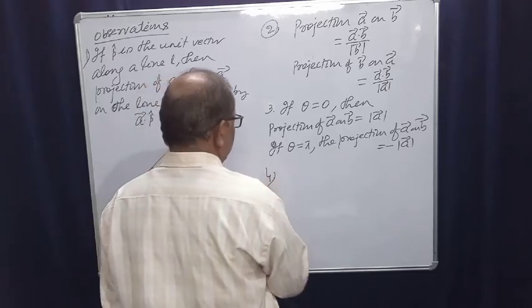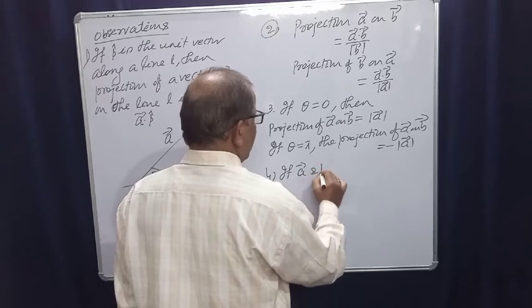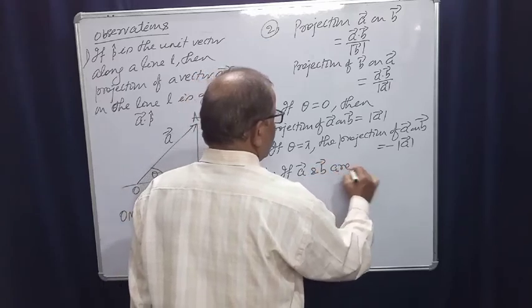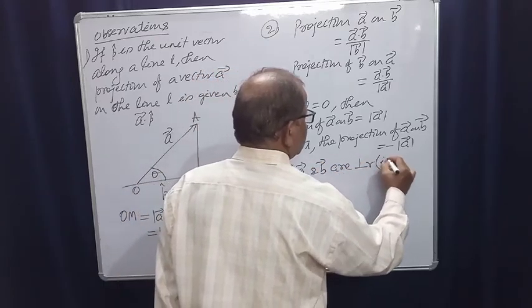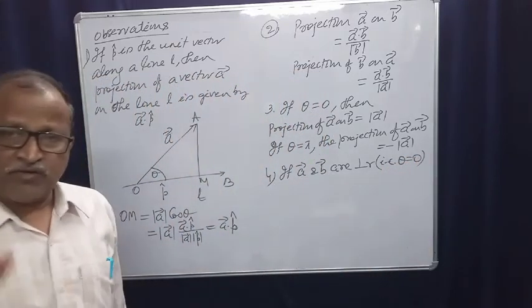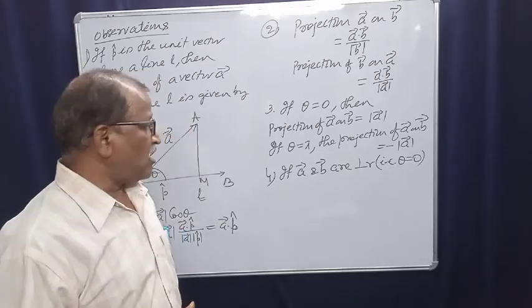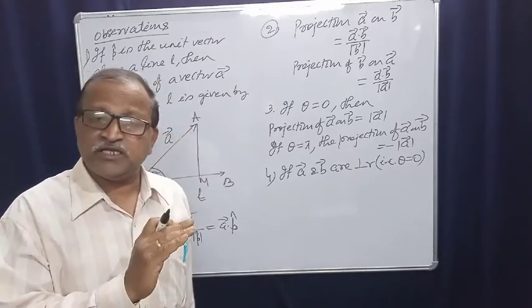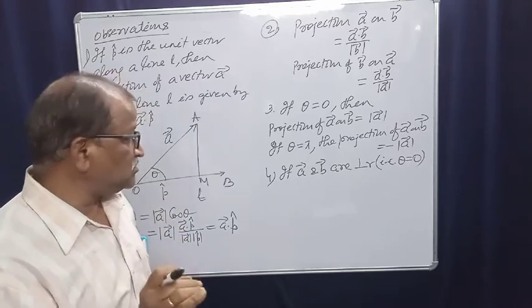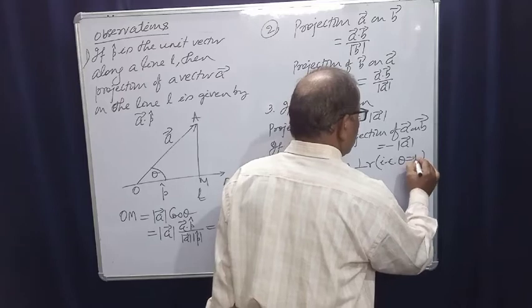Number 4. If A and B are perpendicular, that means the inclination between them is, sorry, it is not 0, it is pi by 2.